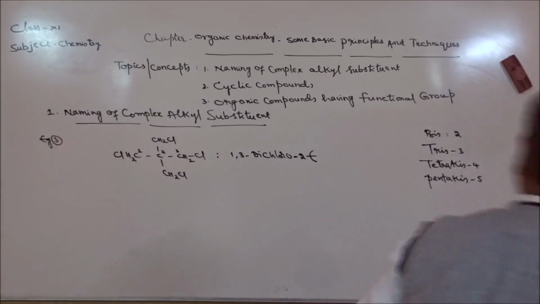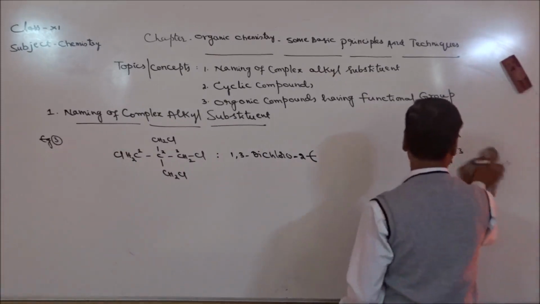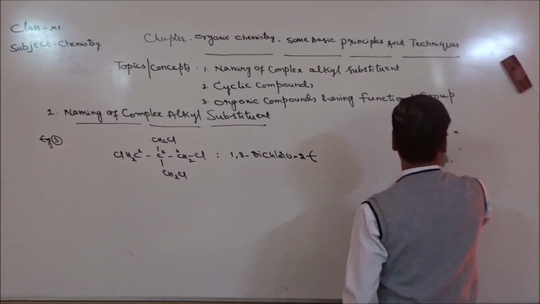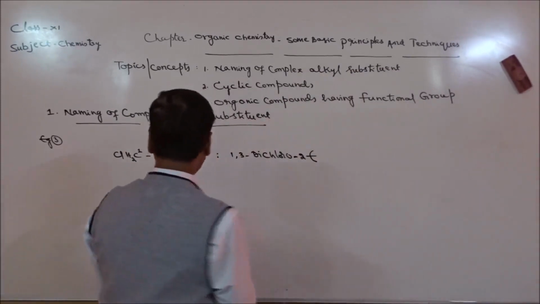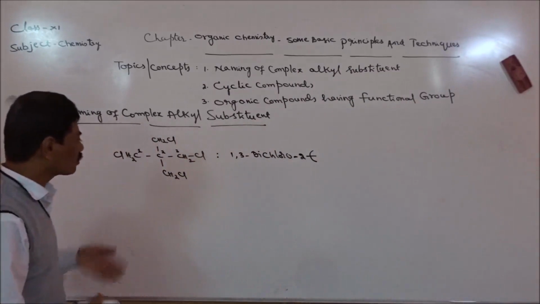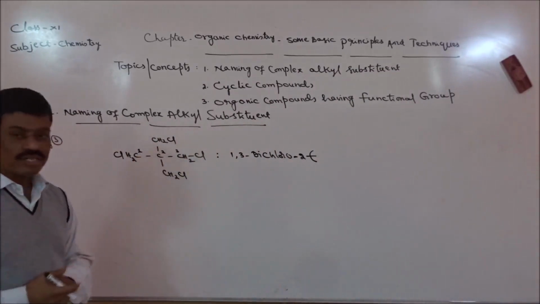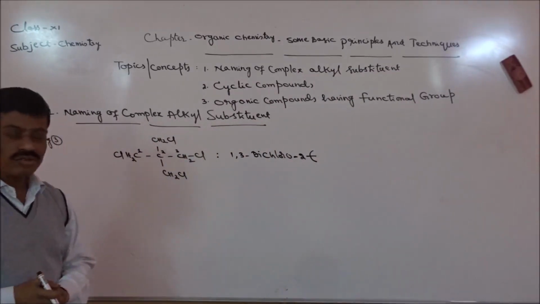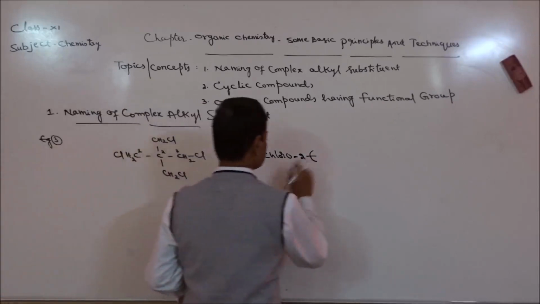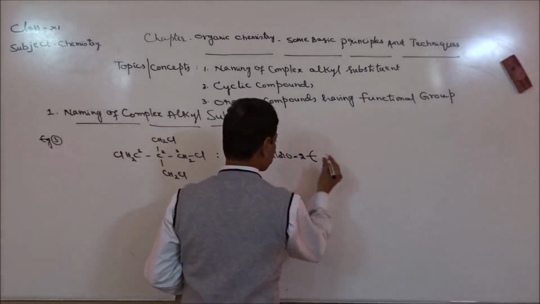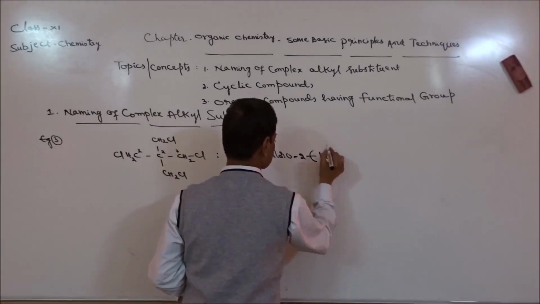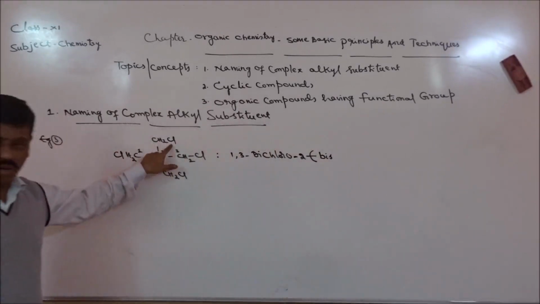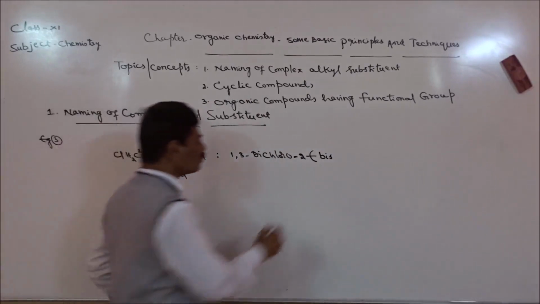And in this round parenthesis, what should be written? Let us see. CH2Cl is repeated 2 times. So we are going to write bis chloromethyl.